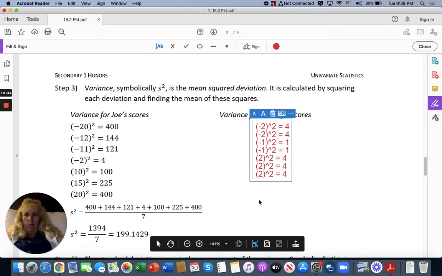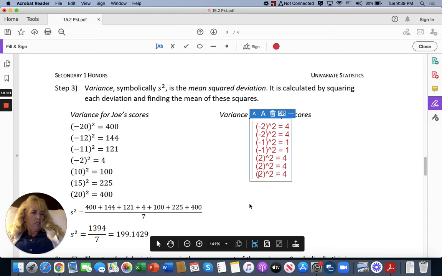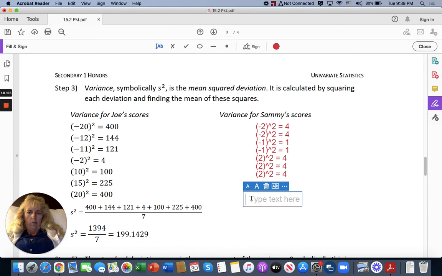So if we take, again, the variance, it's the mean squared, so we can add all of them together here. We can go, how many 4s are there? 4 times 1, 2, 3, 4, 5.